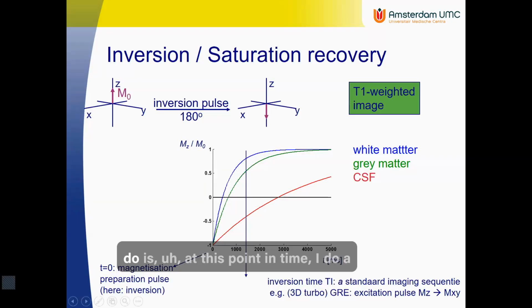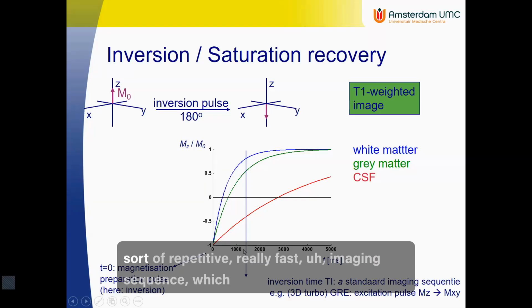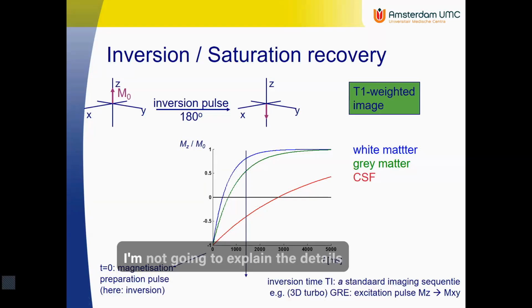So what I usually do is, at this point in time, I do a sort of repetitive, really fast imaging sequence, which I'm not going to explain details of, to scan a lot of information to build my image. But the contrast is in this case generated by the inversion pulse and the waiting time from the inversion pulse.